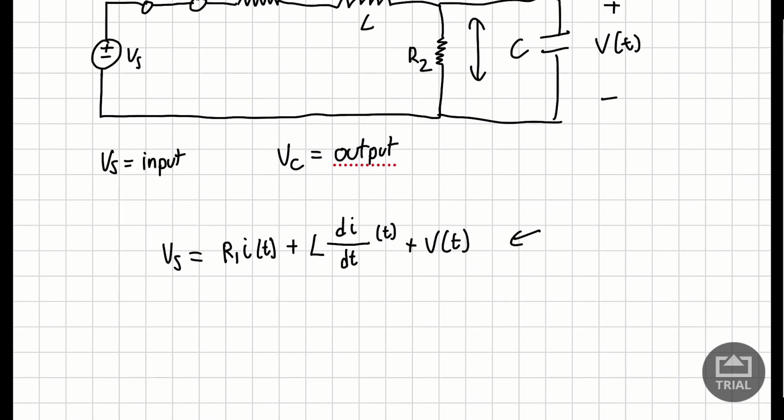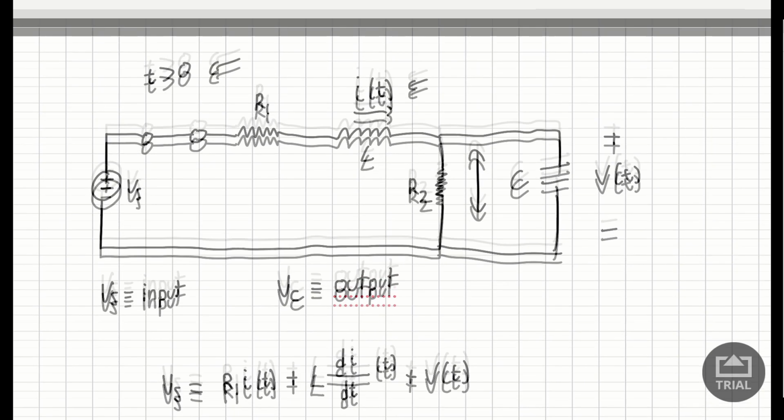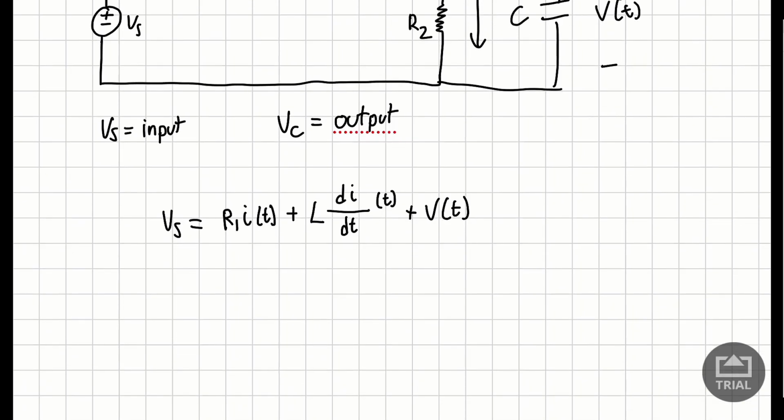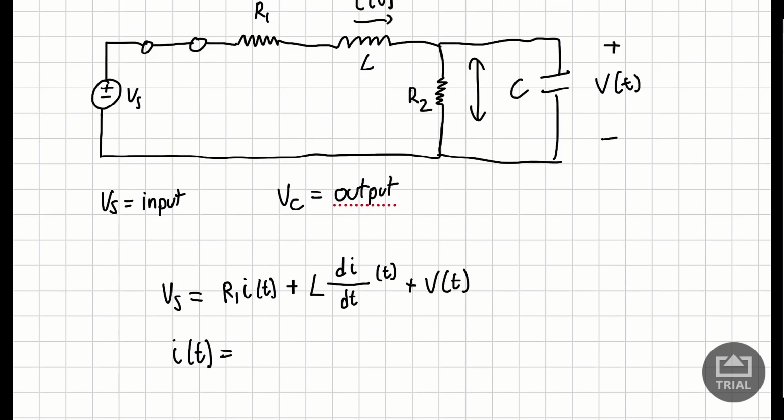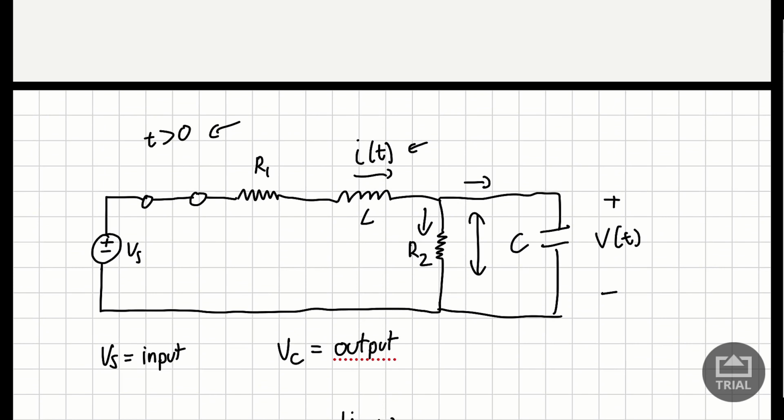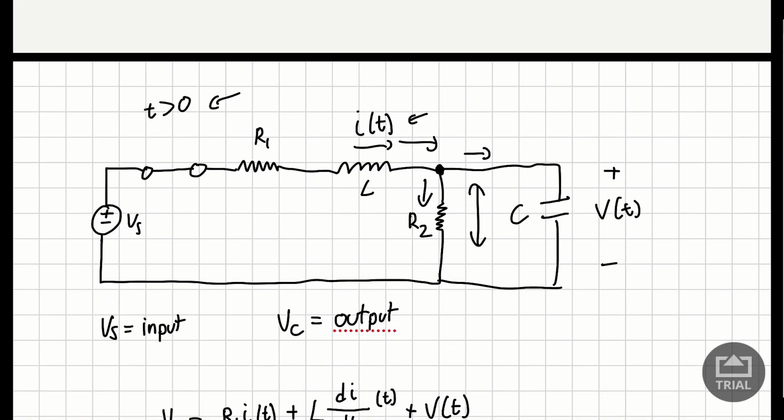Now we need to make an equation that represents our current. So we can write down I of t is equal to the current over here and the current over here. Since the current going from here to this node right here is I of t, we can make that I of t.